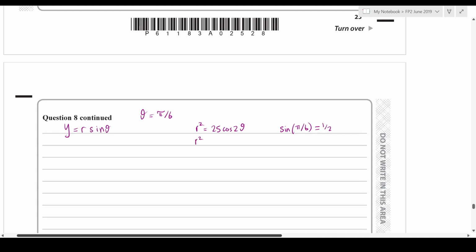So our r squared is 25 cos pi over 3. So when I get the r here, I'm really getting plus or minus 5 times the root of cos pi over 3. So the square root of 25 cos pi over 3 is going to give plus or minus 5 root 2 over 2.